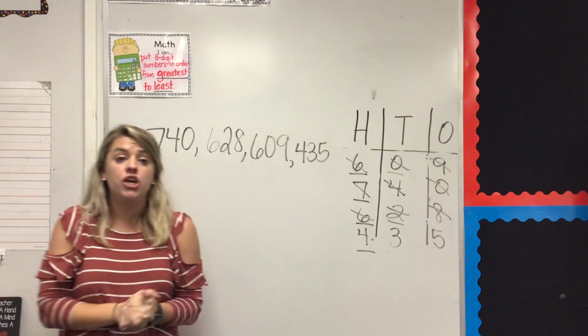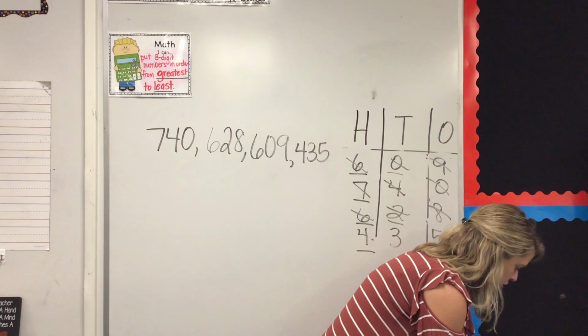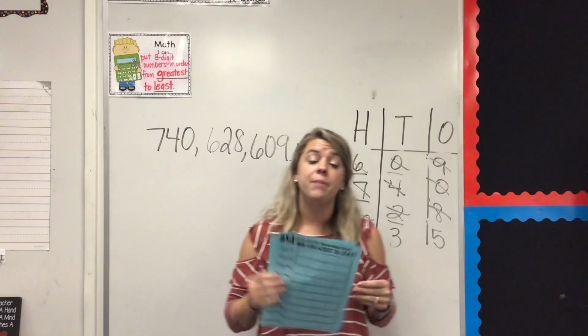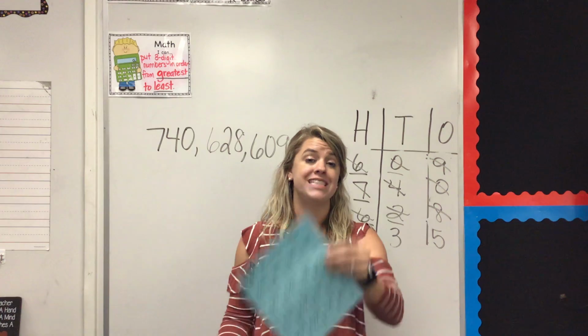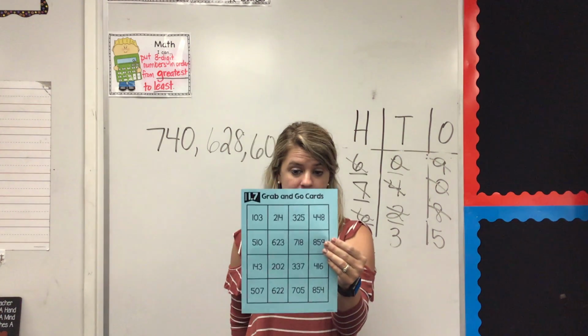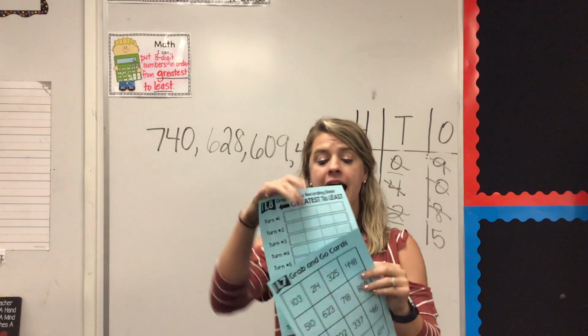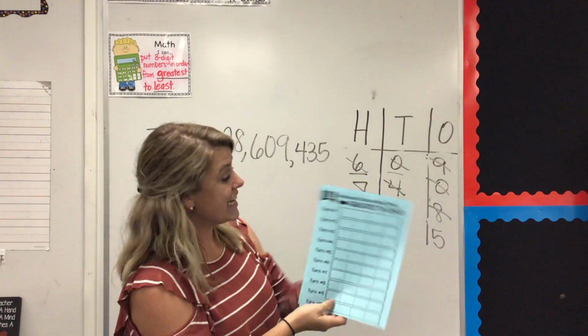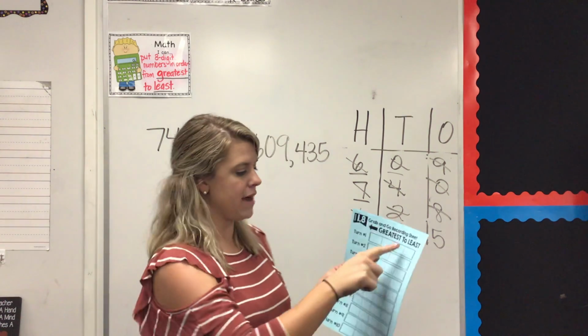Now, you are going to have a chance to show what you know on your math workbook. But if you want to practice a little bit more before you do your math workbook, you're going to use the same cards from yesterday that we did in 1.7, and you're going to flip over your paper, and you're going to do the exact same thing we did yesterday. Pull out 4 cards, put them in order, write them down.